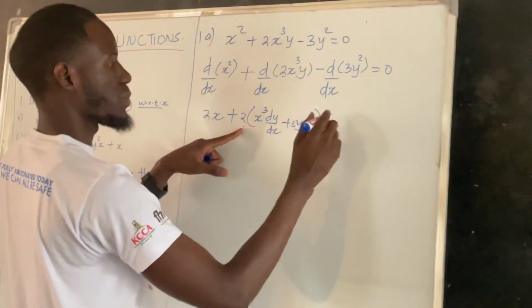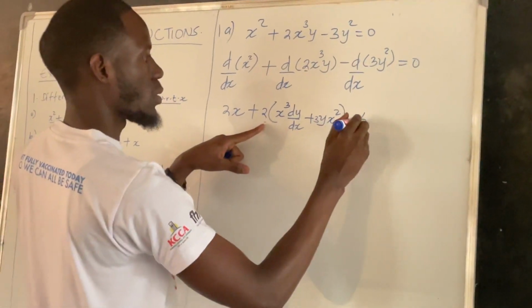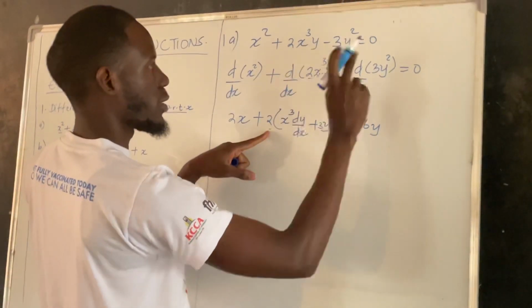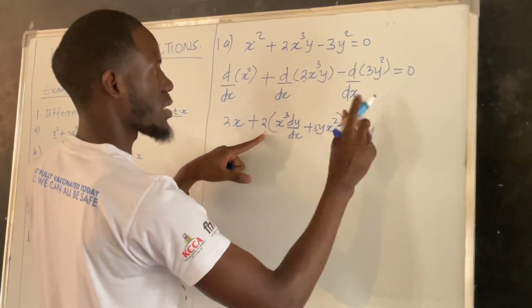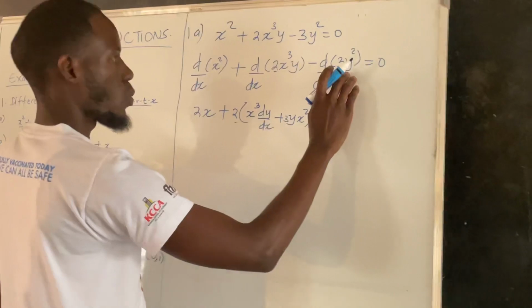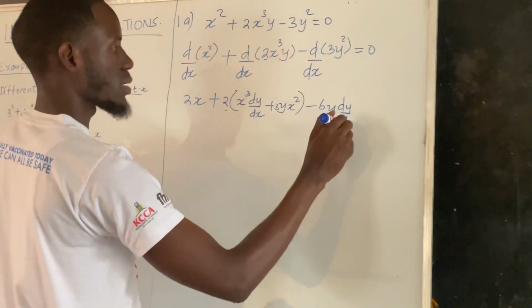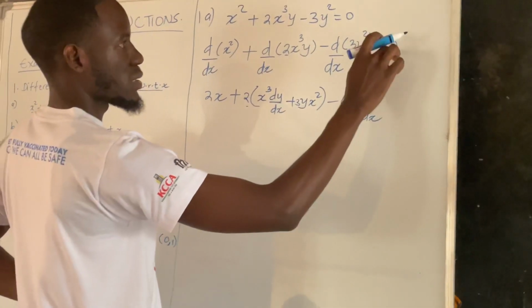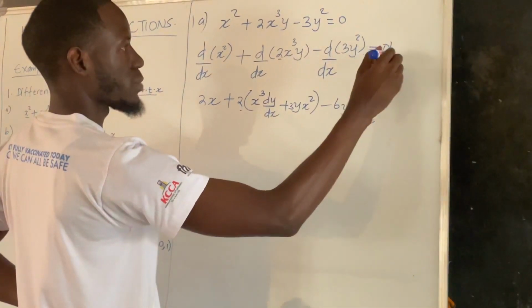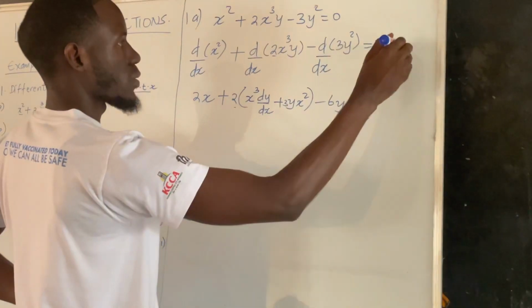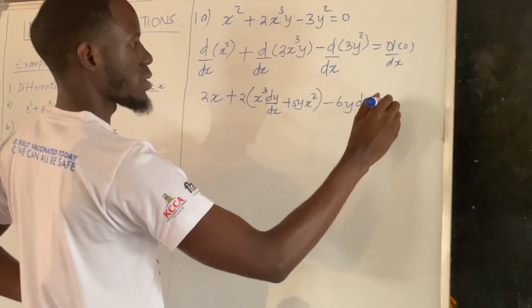When the power 2 drops, it becomes 2 times 3, which is a 6y. 2 minus 1 is 1. Then, since I'm differentiating y with respect to x, that is why we have it as dy dx. If you differentiate a 0, it will become a 0. It's a constant, so it is going to become a 0.